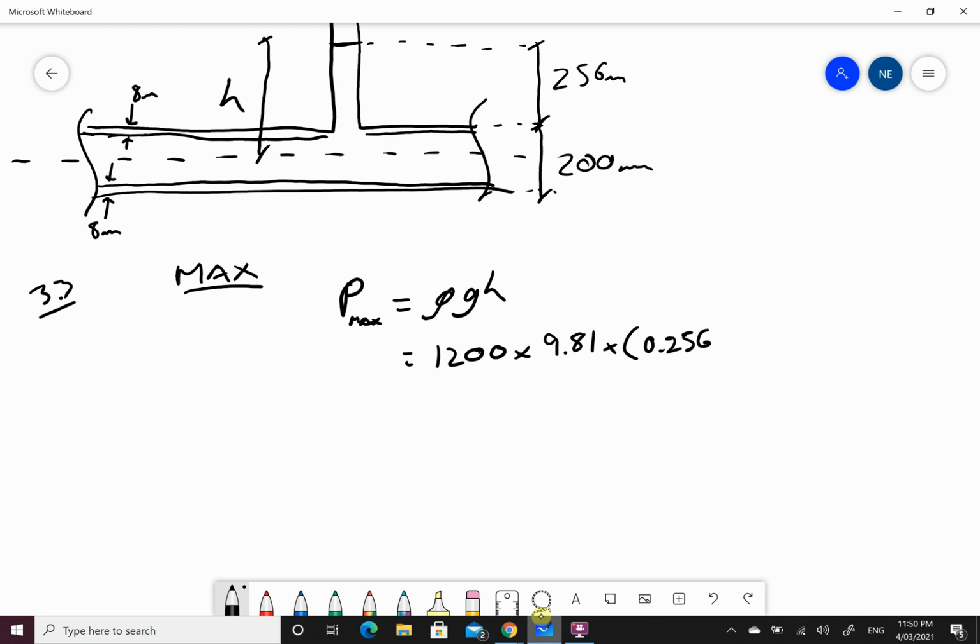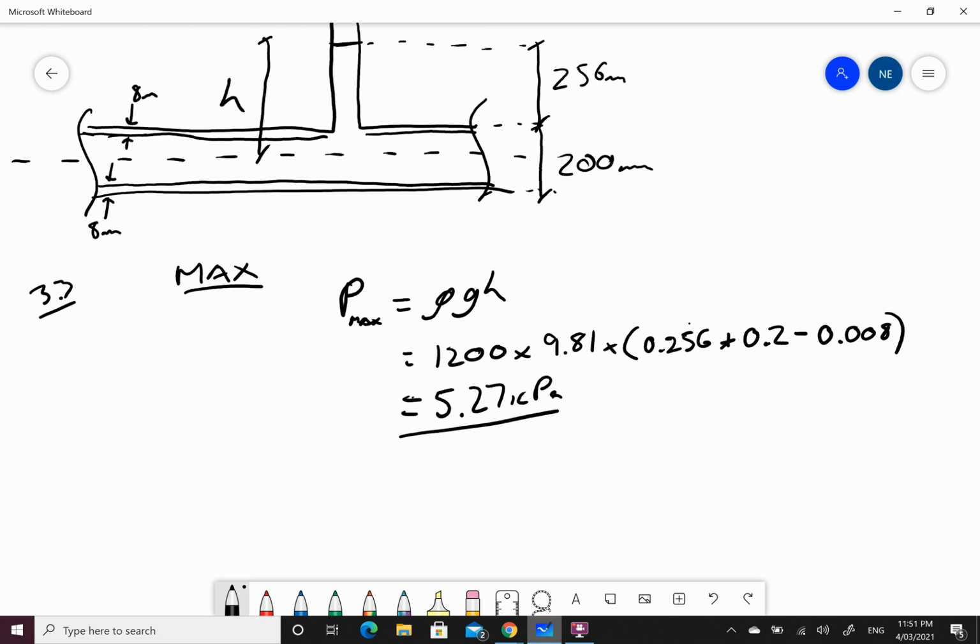I want to come in 8 millimeters from there. So that's plus 0.2 subtract the outside wall thickness. Alright, so what we work that out to be is 5.27 kPa.